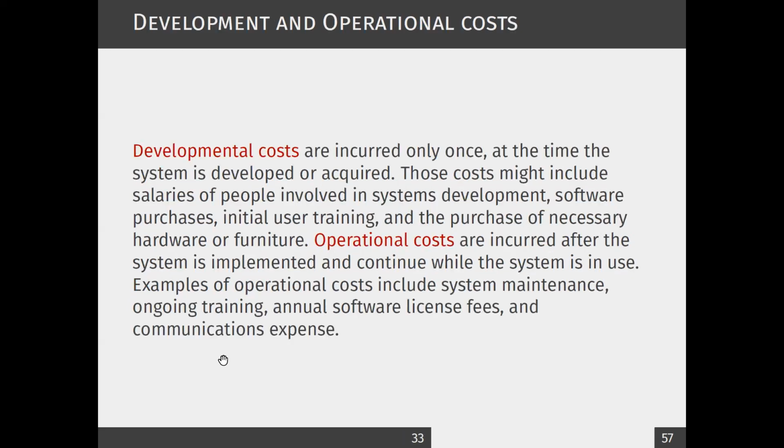Then we can also divide them as development and operational. Development, we usually say, happens only once, when the system is developed. Operational cost means once your system is implemented and you're using the system, we call it operational cost, maintenance costs.